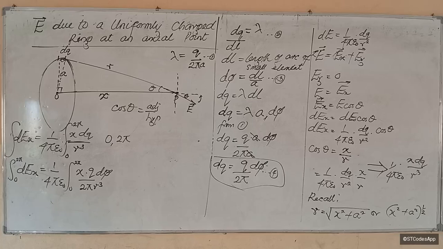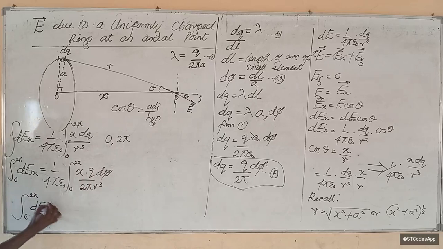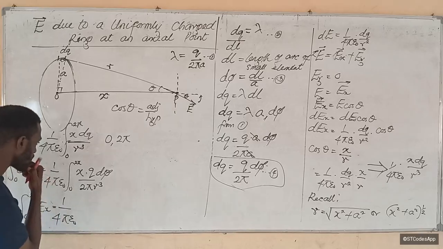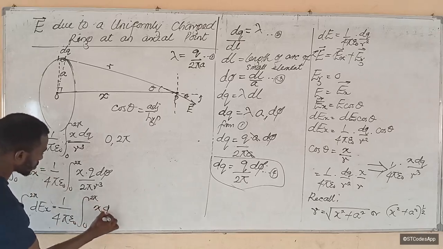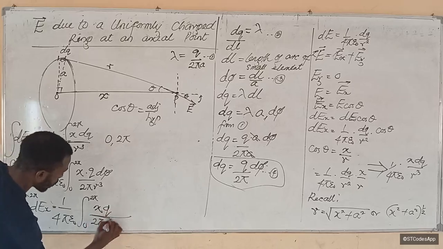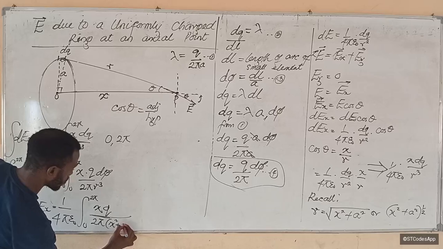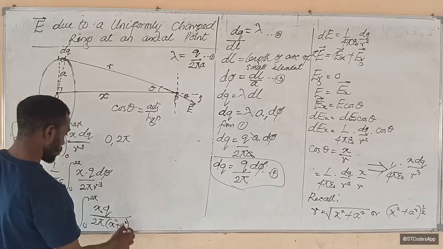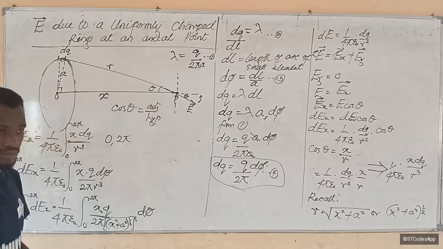By the time we do this, we'll now have E_x equal to 1 over 4 pi epsilon naught, integral between 0 and 2 pi of x cubed 2 pi, now let's substitute, over x squared plus a squared all raised to the power half, then all raised to the power 3, d phi.